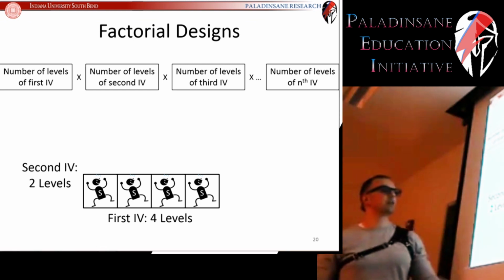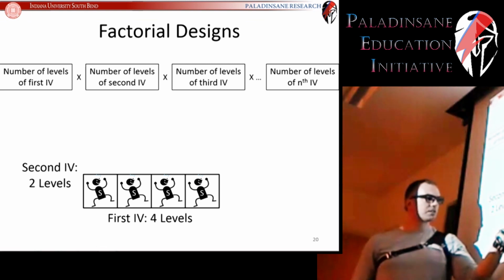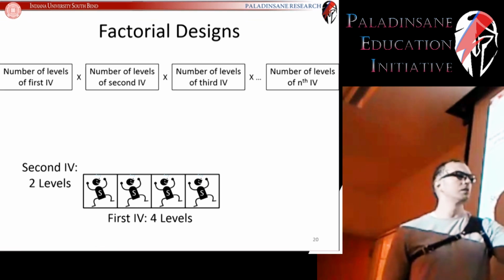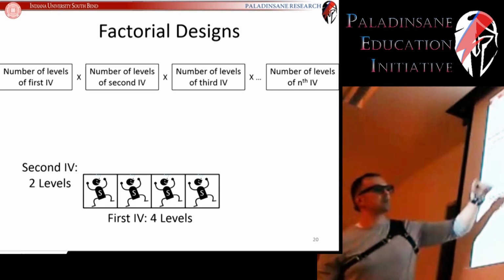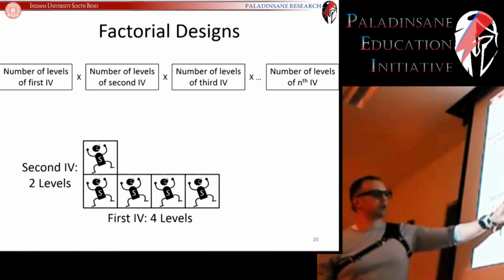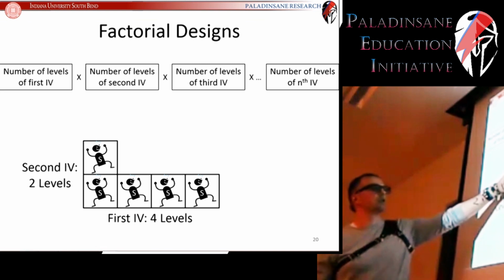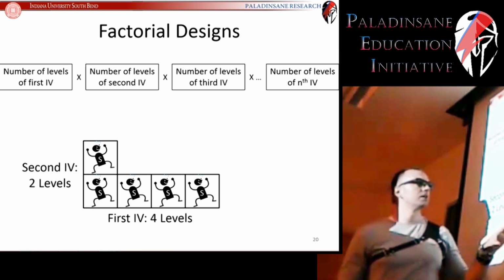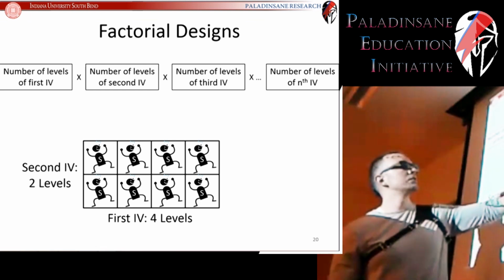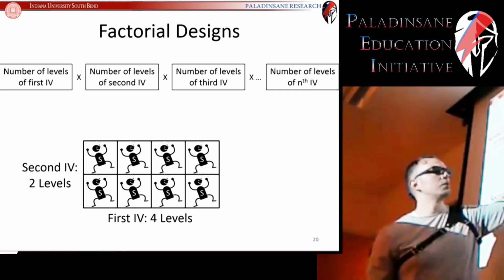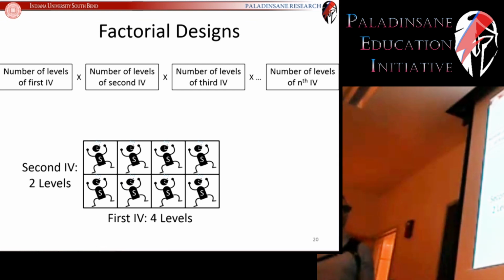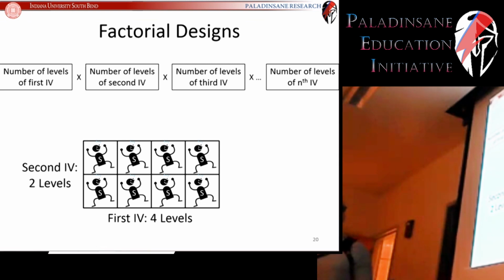Whereas in the original experiment, each group would learn a list of words, you take those same groups and multiply them by pictures. So young children, learn a list of words. Young children, learn a list of pictures. Older children, words. Older children, pictures. Young adults, words. Young adults, pictures. Old adults, words. Old adults, pictures. And that now gives you 8 conditions. We've multiplied it by that second dimension.